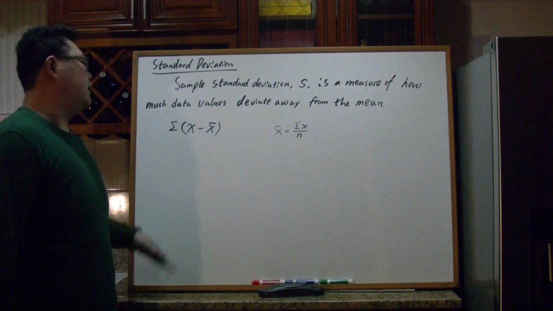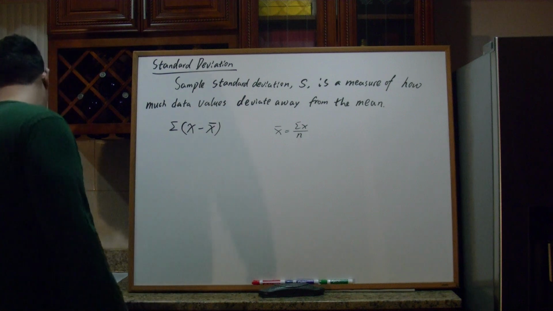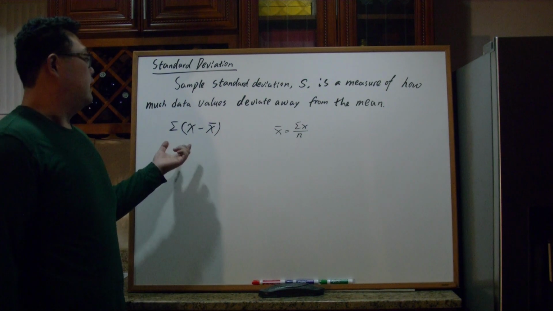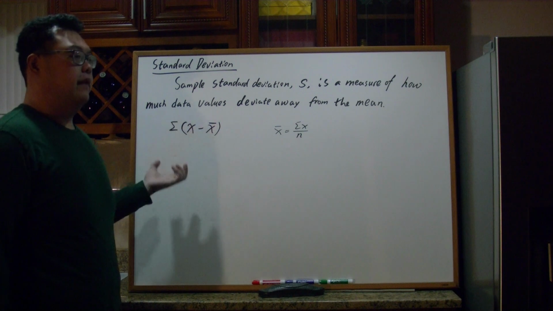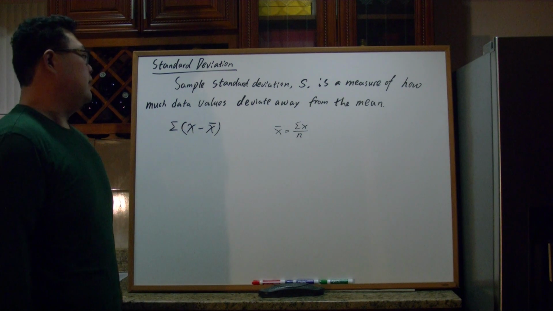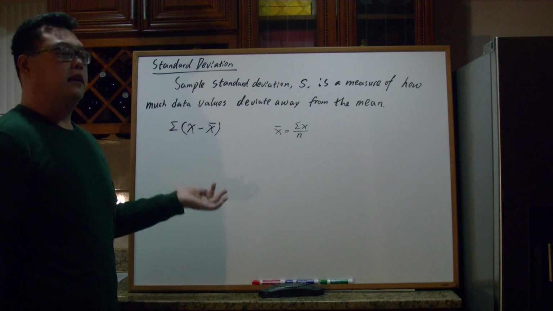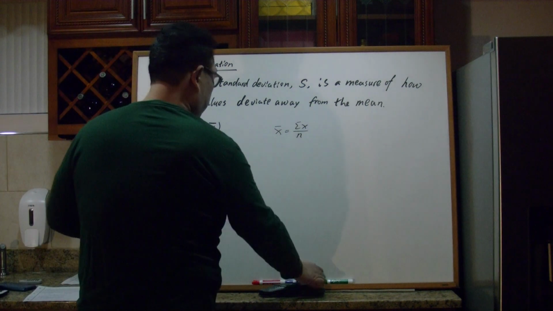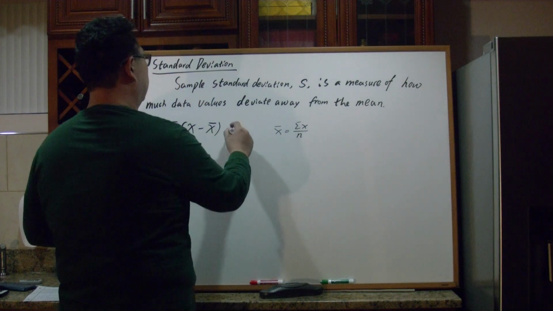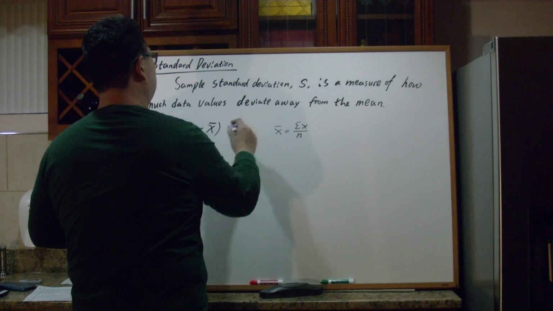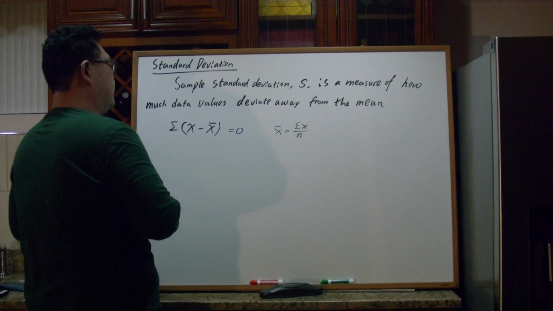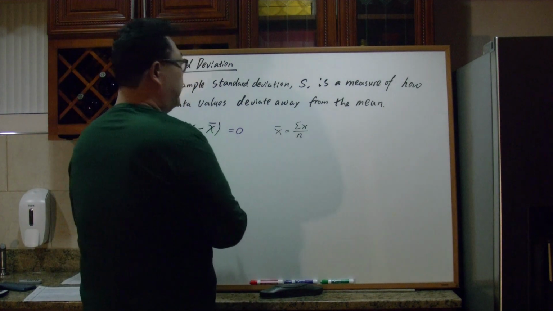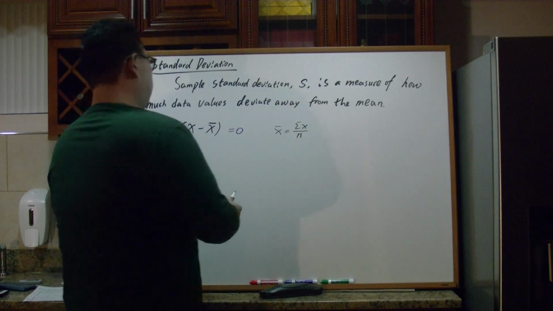If we add all these differences, values from the left and right of the sample mean, we get 0 at the end, which doesn't show anything.